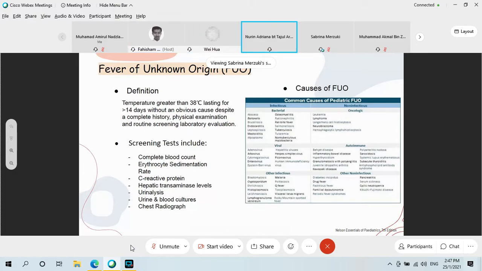Cough, night sweat. No, it's not cough. Children will get extrapulmonary manifestations. So that's why they get adenopathy, TB gut, TB meningitis. So that's children.